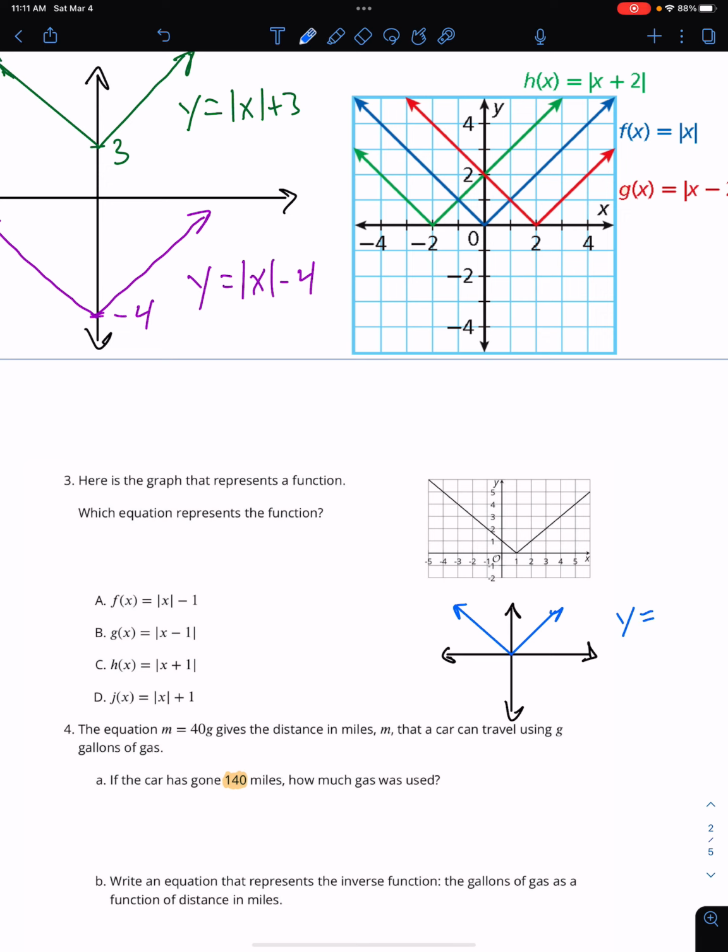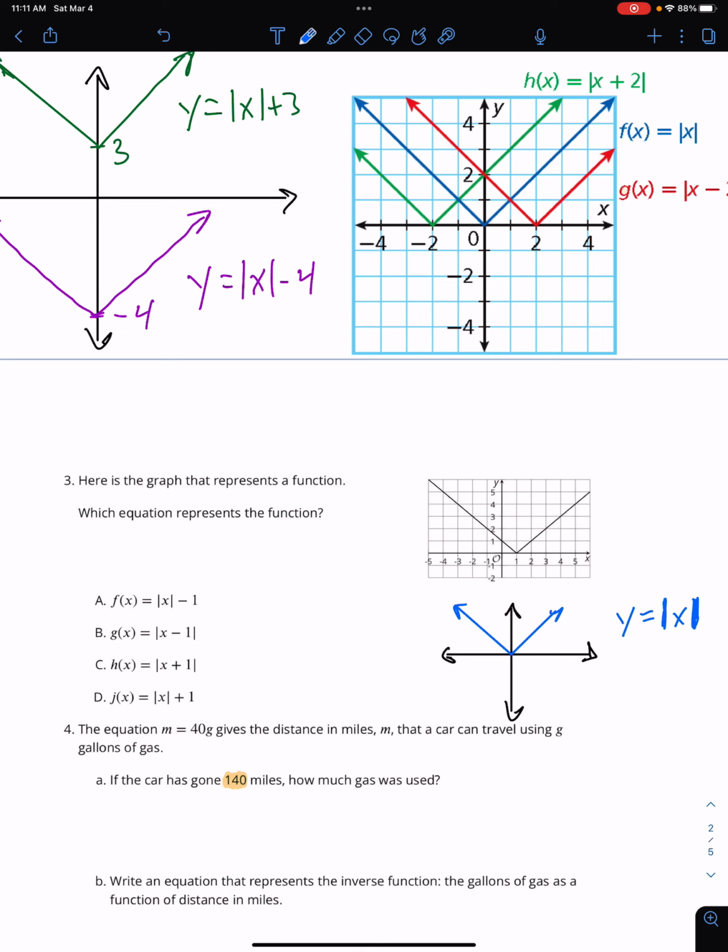Because it doesn't matter if you plug in a negative or a positive for x, y is going to come out positive. It's whatever that number is in between these two little bars. This absolute value just gets rid of negatives, basically.